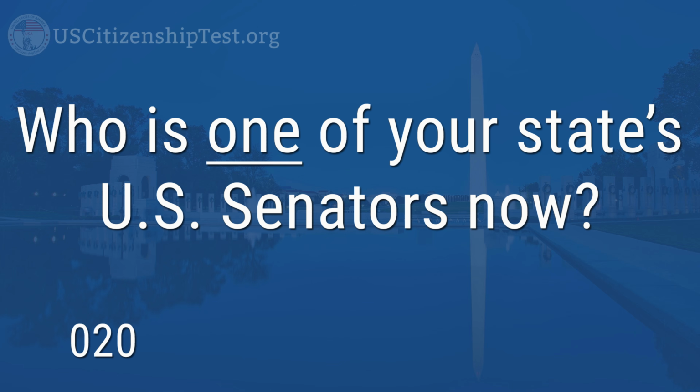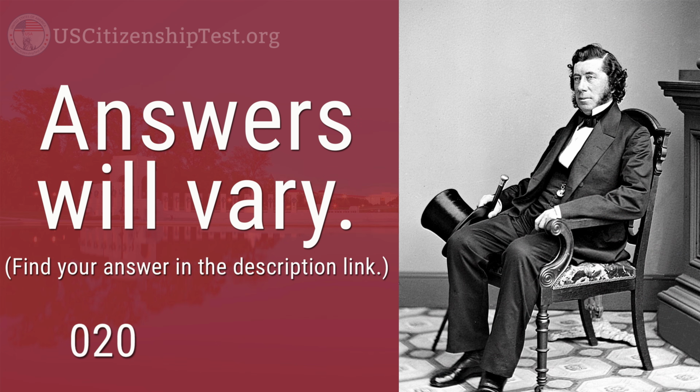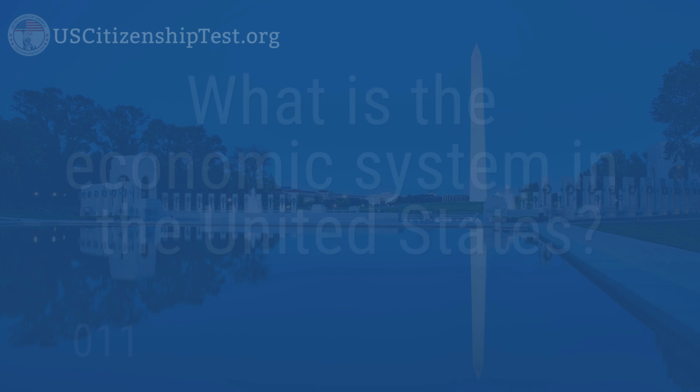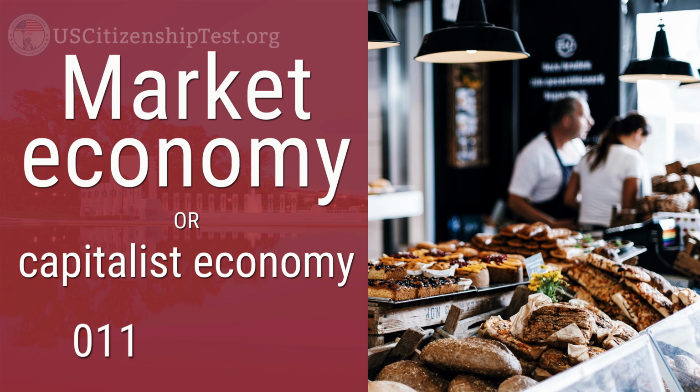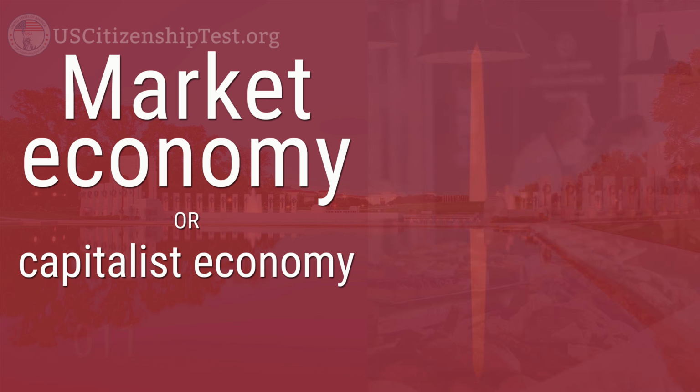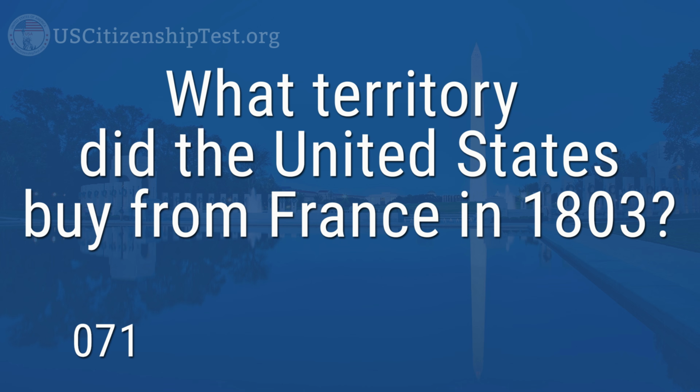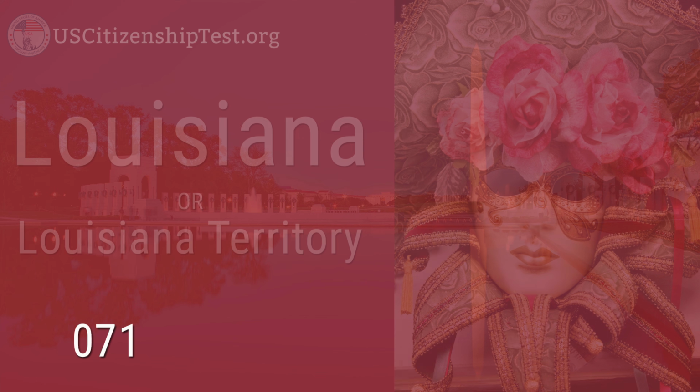Who is one of your state's U.S. senators now? What is the economic system in the United States? Market economy. What territory did the United States buy from France in 1803? Louisiana.